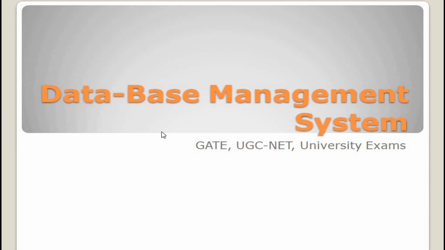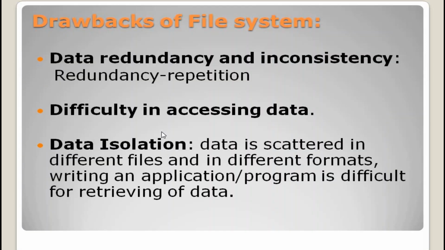And then comes the concept of the database management system, where we manage our data in a client server architecture, where data is available at one system but is also available to many other systems or clients. So now let's discuss the drawbacks of the file system.